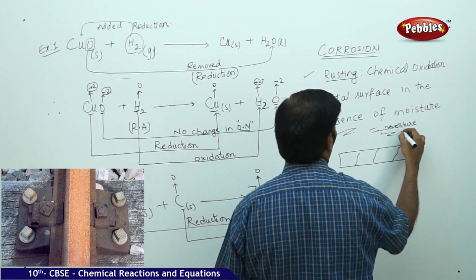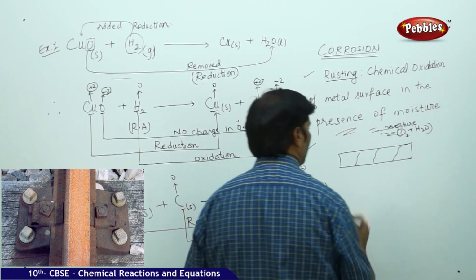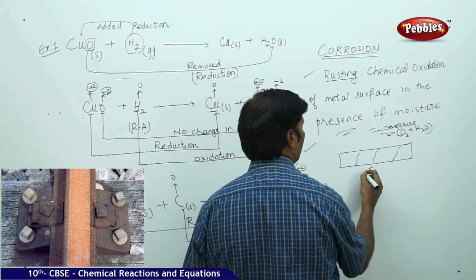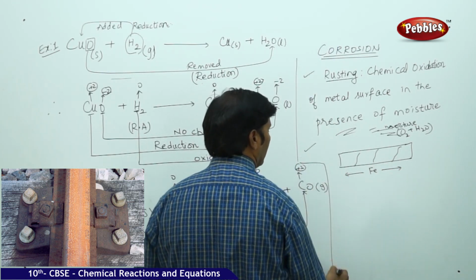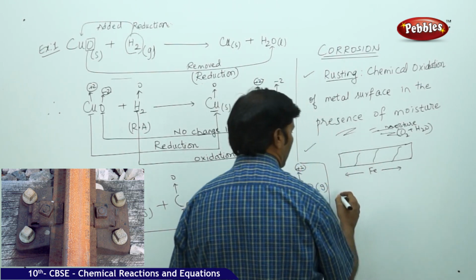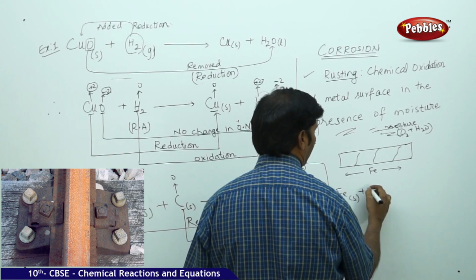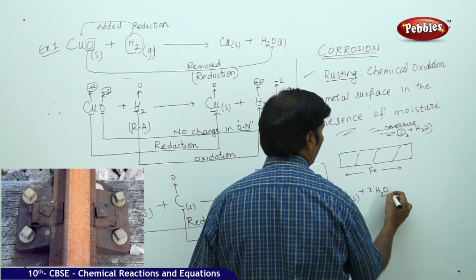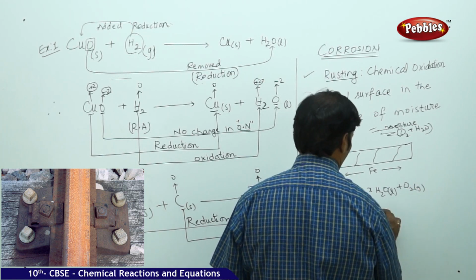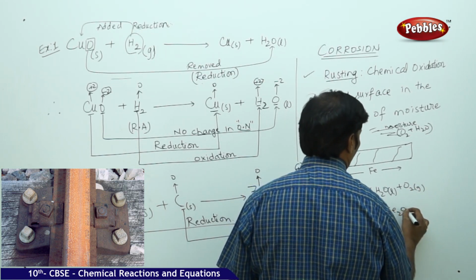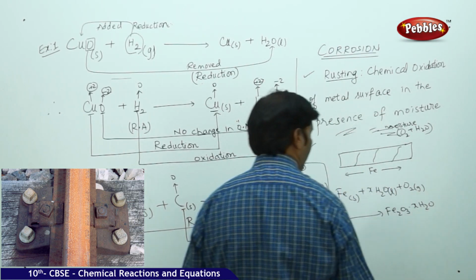Moisture contains O2 plus water. This is a piece of iron. So during corrosion, what we notice is when the metal comes in contact with X number of moles of water liquid plus O2 gas, immediately it forms Fe2O3.xH2O.